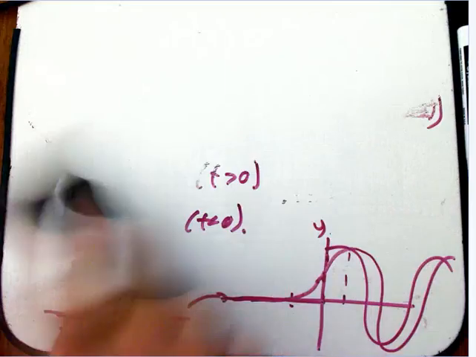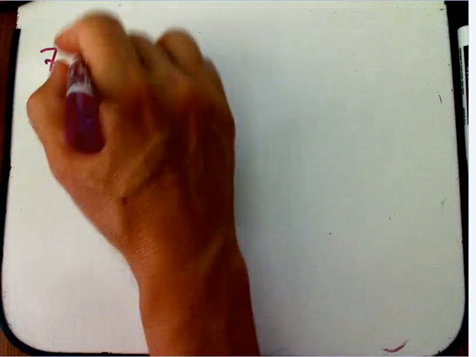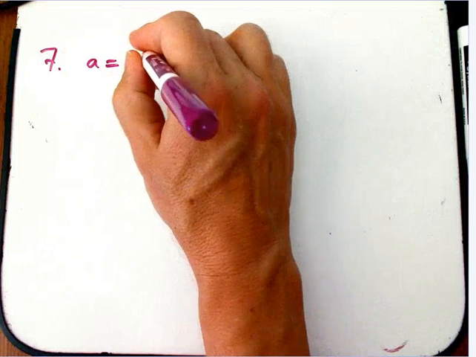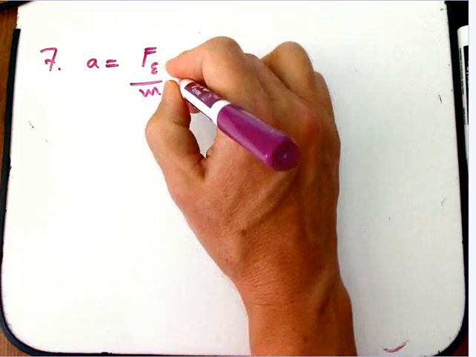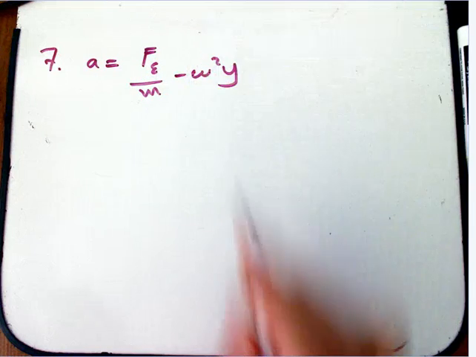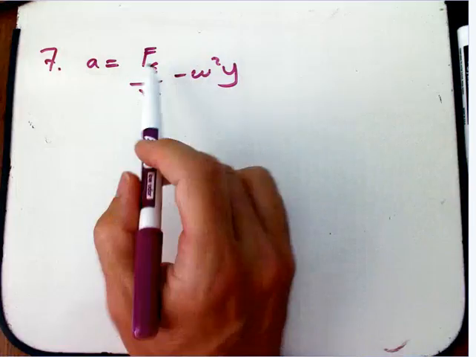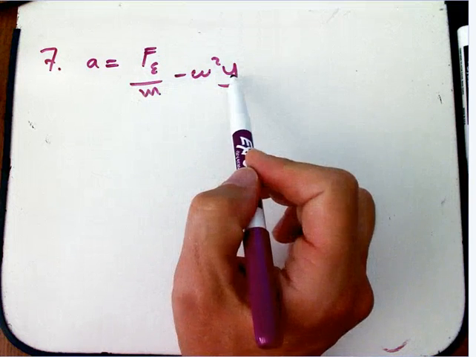Okay, and that's good. So even though it's a little long, let me continue with 7 just real quick, because I actually have almost said all of 7. It's the thinking like a physicist idea. If you look at the acceleration of this mass that's on a spring, and you just solve the differential equation for y double prime, you get that it's the force that you're putting on it divided by m, minus omega squared y.